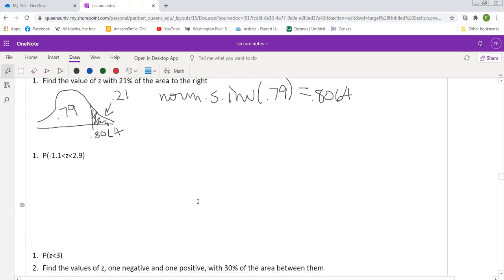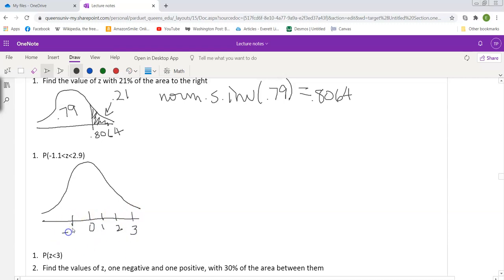The second one, we are finding the probability. So of course that's going to be NORM.S.DIST with negative 1.1. So I'm going to go ahead and sketch. These sketches don't have to be great.